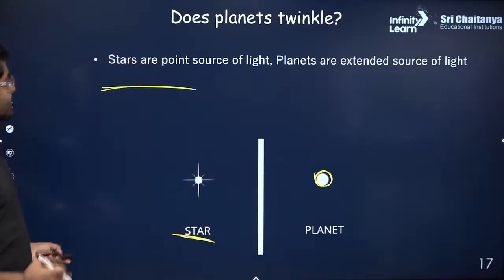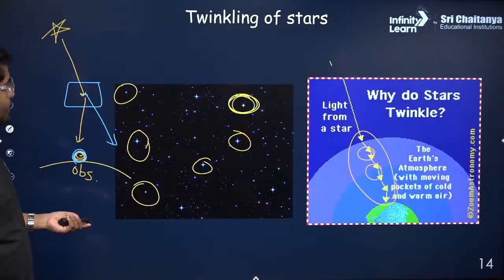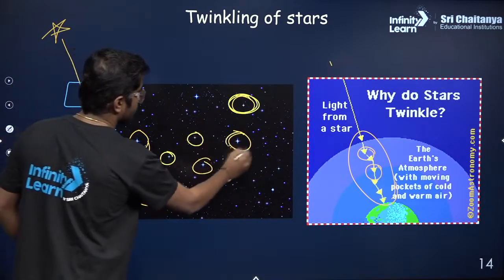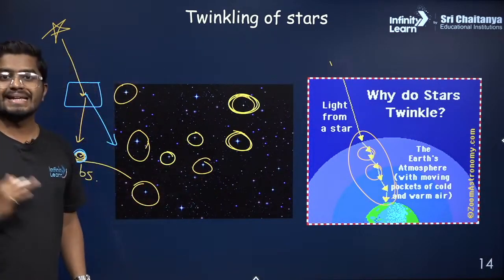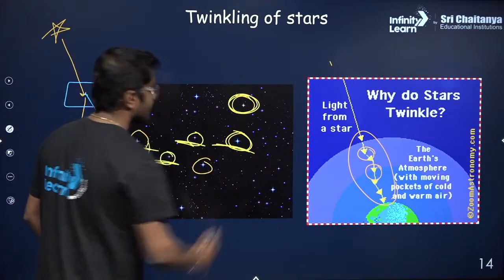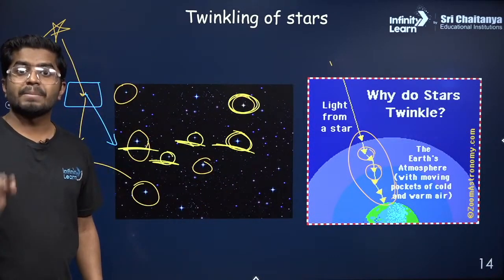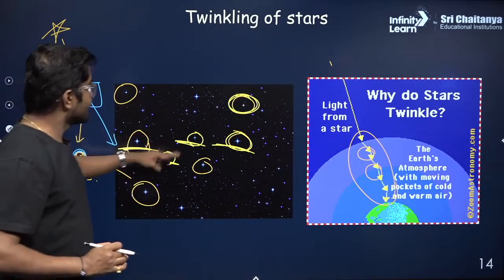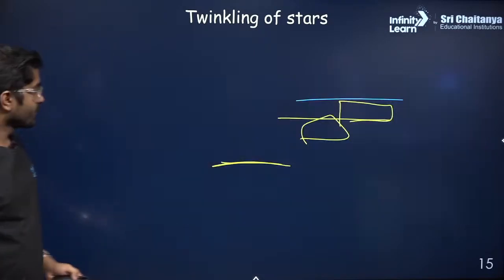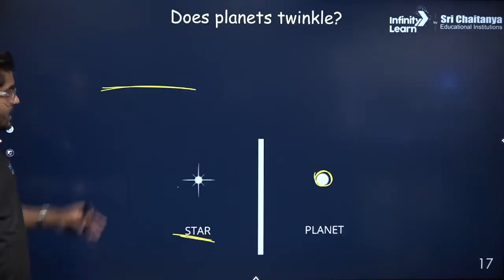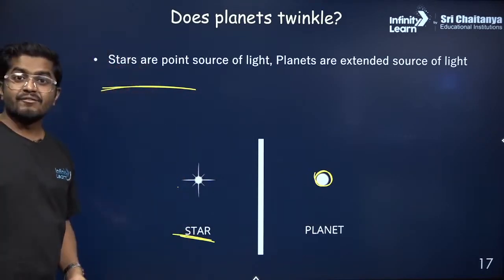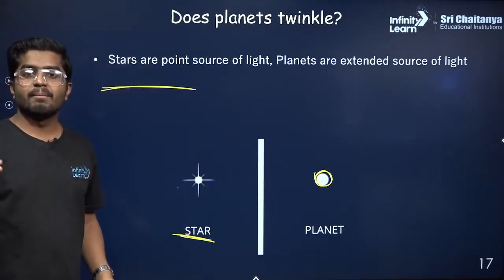So if you look at the sky, for example, some objects are not twinkling. The ones which are not twinkling, for example these ones, are planets. So the objects which are not twinkling in the sky are planets. Correct. Yes. So why do planets not twinkle? Because planets are very close to us compared to the stars.